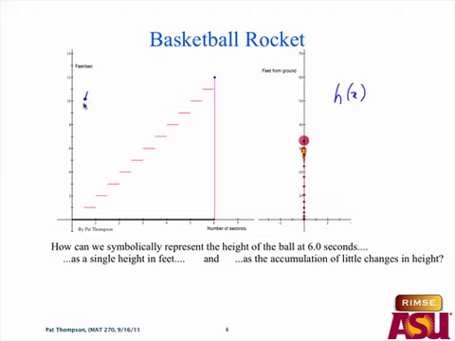And over here we have the rate of change of height, which also is our velocity, right? So this is the height function, and this stands for the rate of change of the height function, or the velocity. So how can you represent this height right here at 6 seconds as a single height and as the accumulation of little changes in height?